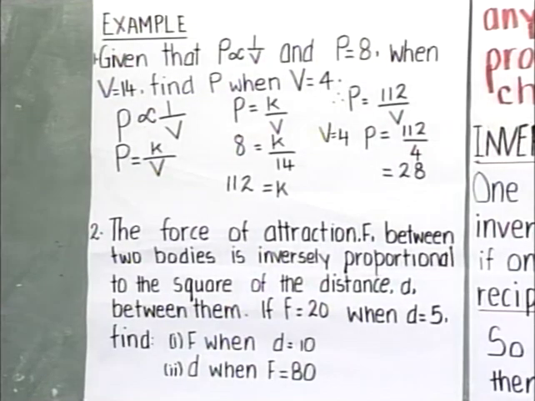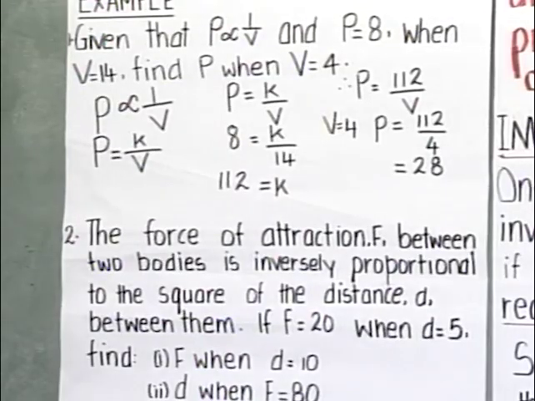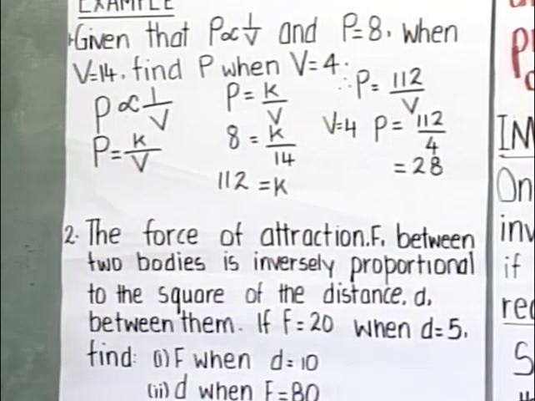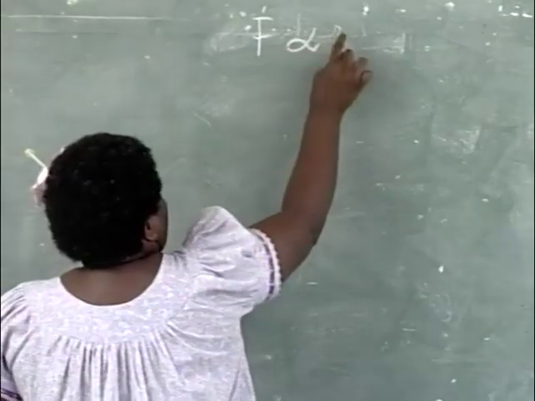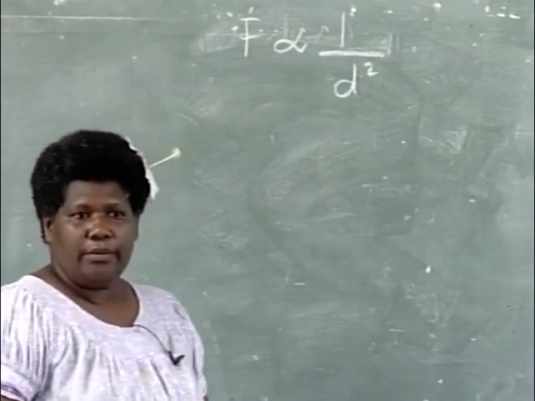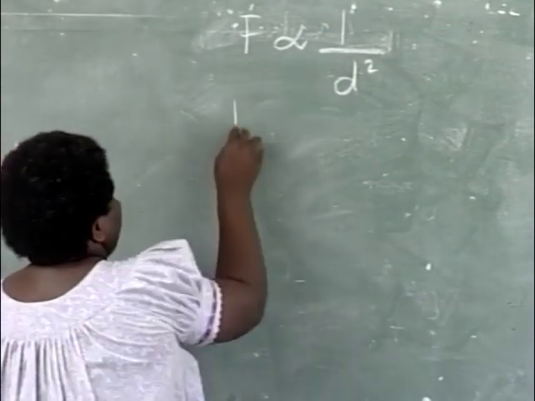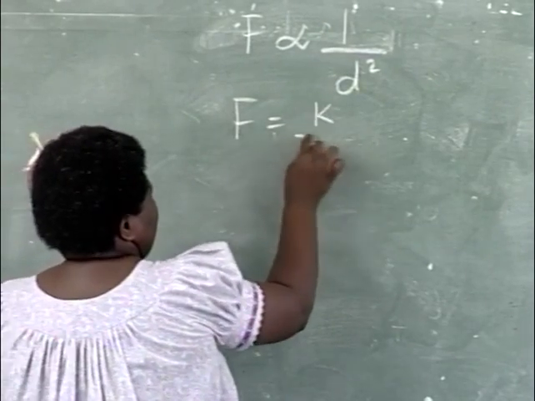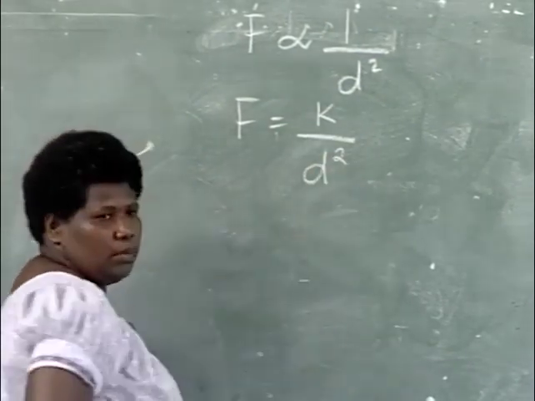Are we finished? The force of attraction F between two bodies is inversely proportional to the square of the distance d between them. If F is 20 when d is 5, we have to find F when d is 10 and d when F is 80. F varies inversely as the square of d, and F is equal to k over d squared.